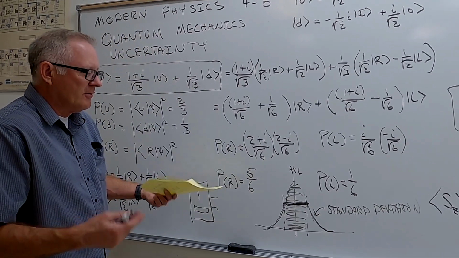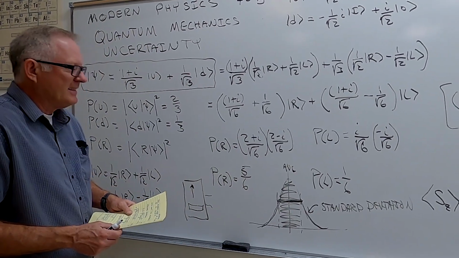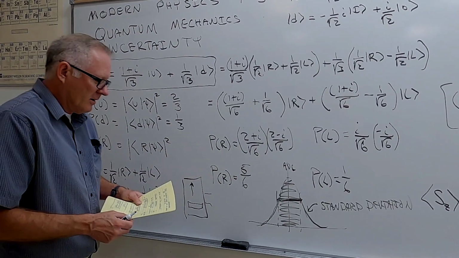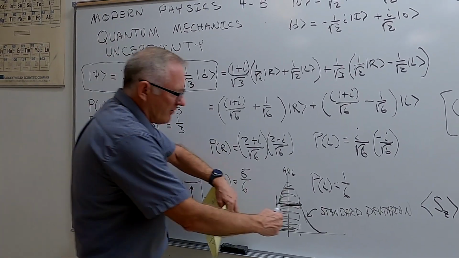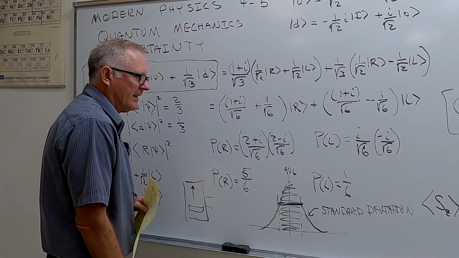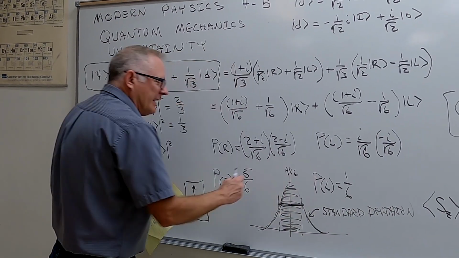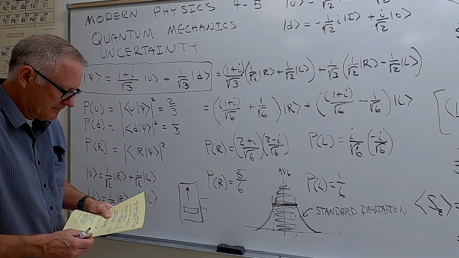That's how standard deviation is defined. It's defined as 68% of the entire distribution. How far out do you have to go so that you get 68%? That would be plus or minus 1 standard deviation.